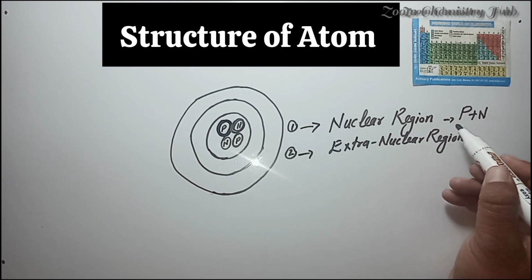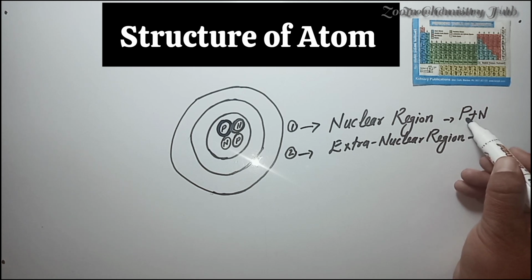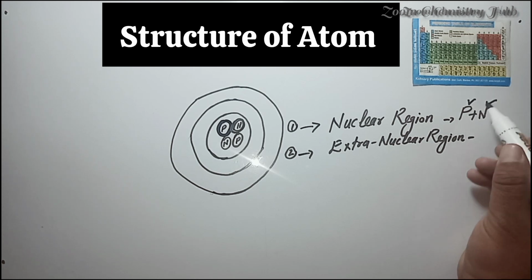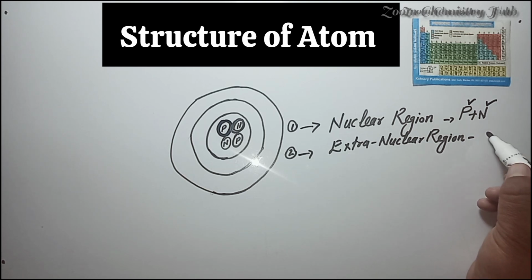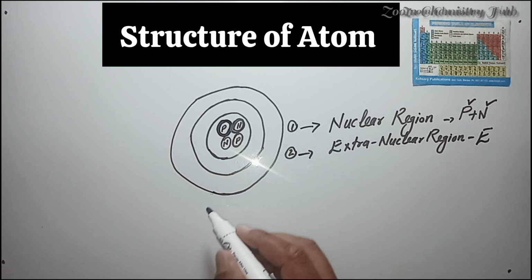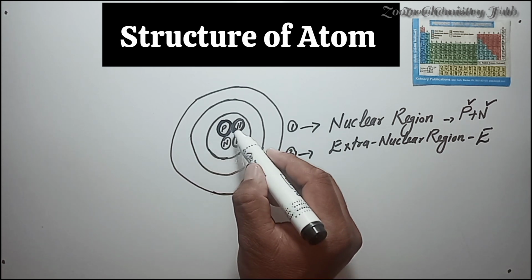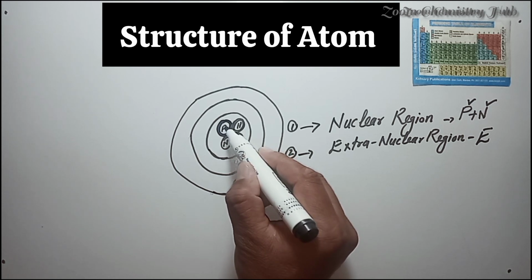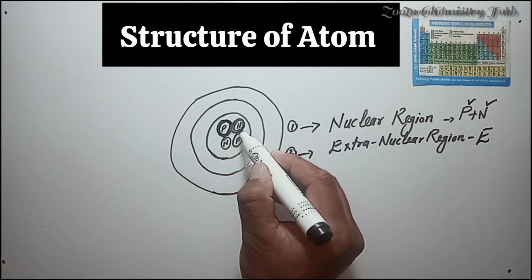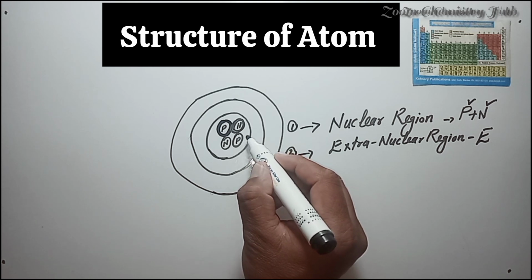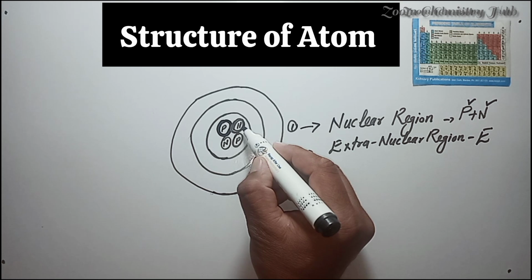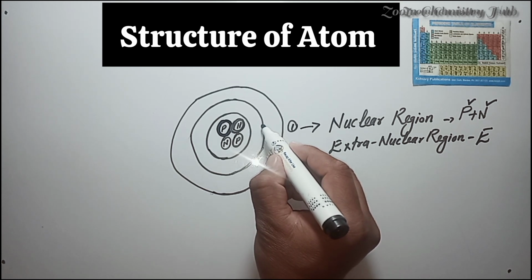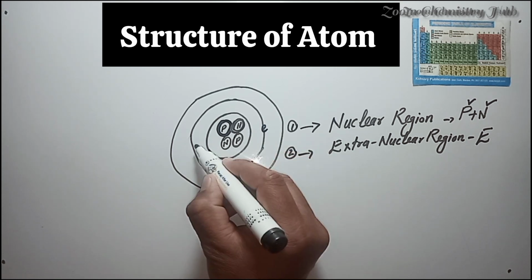The nuclear region consists of two fundamental particles, that is proton and neutron, and the extranuclear region consists of one fundamental particle, that is electron. Outside the nucleus, which is called the extranuclear region, the electrons are present in this circle.